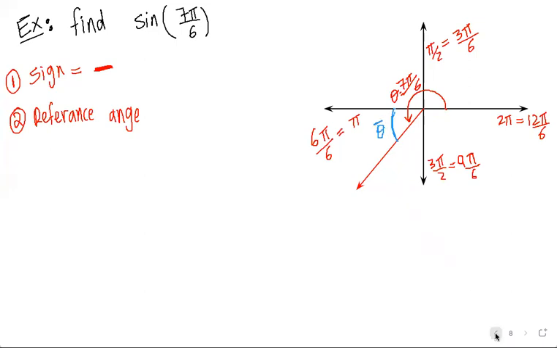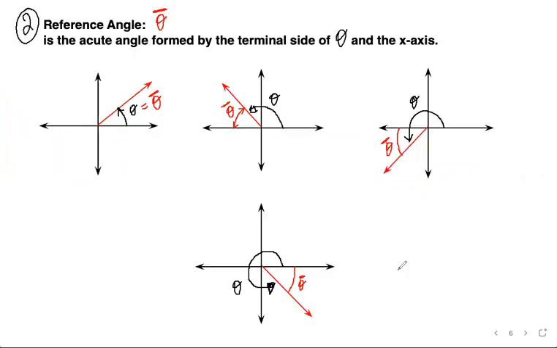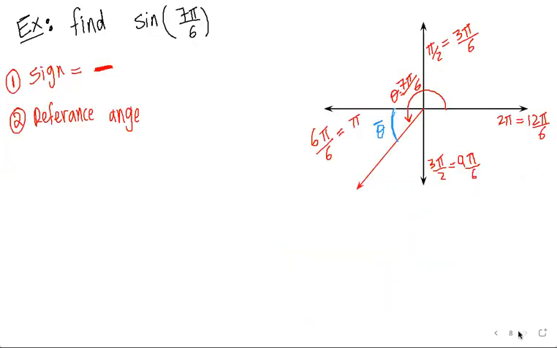So go back to the table, the easiest way. 7 pi over 6, this one, has a reference angle of pi over 6.